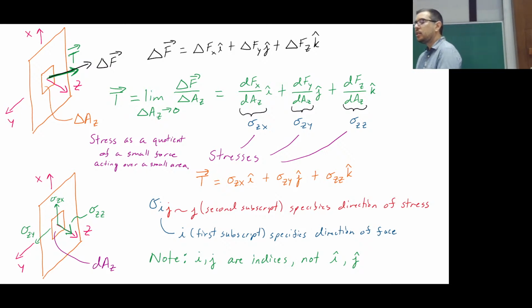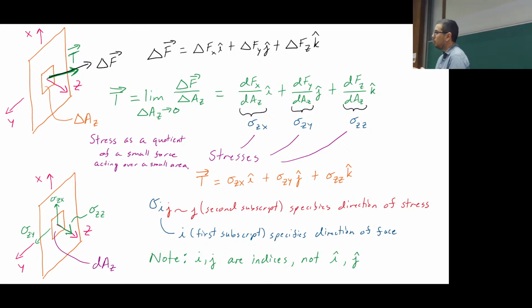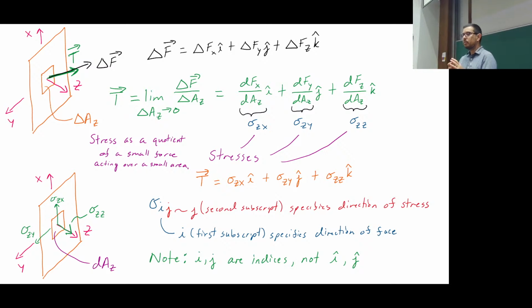If I'm at a location in a structure where there's a material, I can begin to think of my structure as being made up of lots of cubes, lots of voxels, lots of elements.